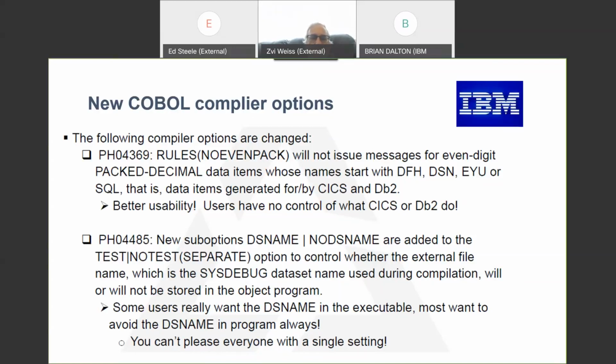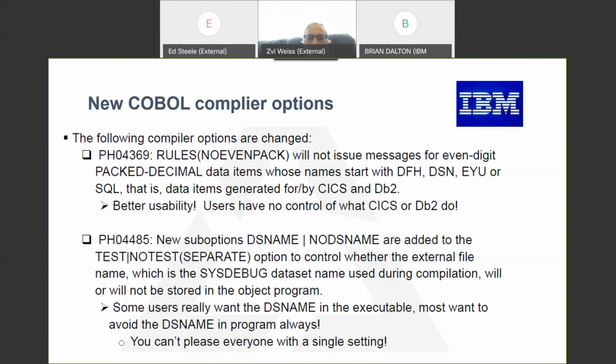The default's even pack, so specifying no even pack causes the compiler to issue these messages. So in that case, like the other one that Z just talked about, you've got a cleaner listing.